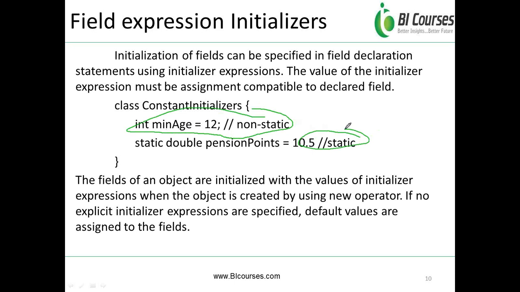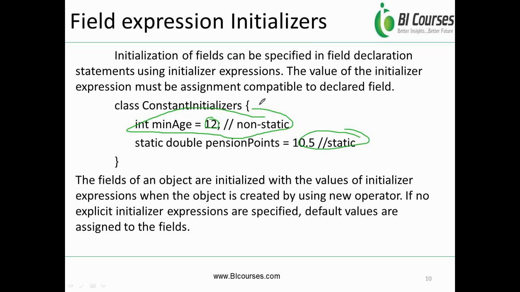This 12 is an int value, and this expression is known as a field expression initializer. The fields of an object are initialized with the values of the initializer expressions when the object is created using the new operator. This is known as field expression initializers.